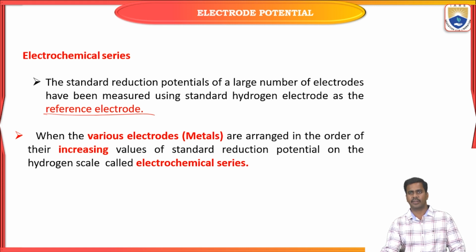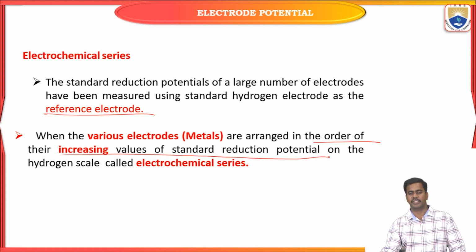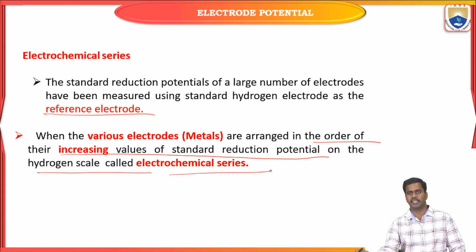When various electrodes are arranged in order of their increasing values of standard reduction potential on the hydrogen scale, it is called the electrochemical series. The arrangement of different electrodes by their increasing standard reduction potential values is known as the electrochemical series.